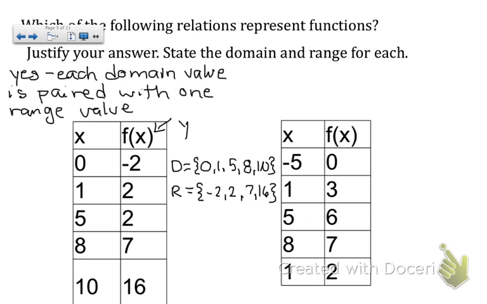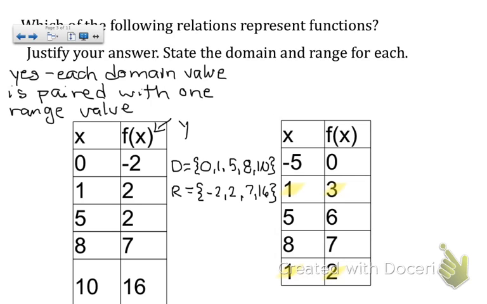Now, if you take a look at that second chart, this is not a function. The reason it is not a function is because we have an x value that's cheating. 1 is hanging out with 3, then 1 goes and hangs out with 2. So, these domain values are not paired with exactly one range value.